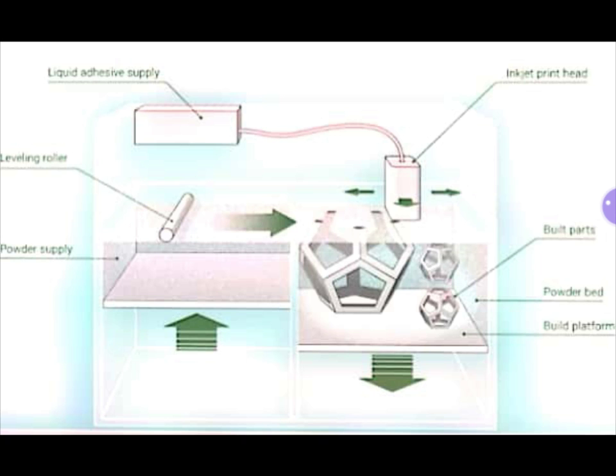Again the powder material from the first container moves upwards, and the powder is then transferred to the build platform using the leveling roller, and again the binder is deposited on the powder material of certain thickness.